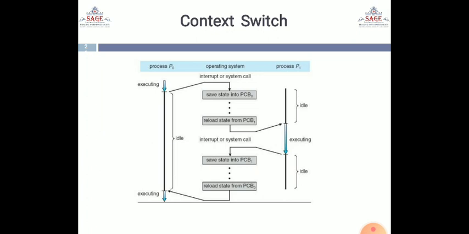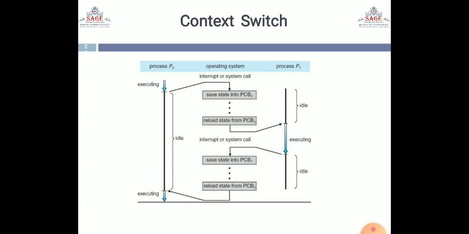So you can see the diagram of the context switch. When process P0 is executing, its state is saved into the PCB. Process P1 is idle. Here you can see that an interrupt or system call is generated, then process P0 is stopped, and process P1 is started and saved into PCB1, and then completes its task.